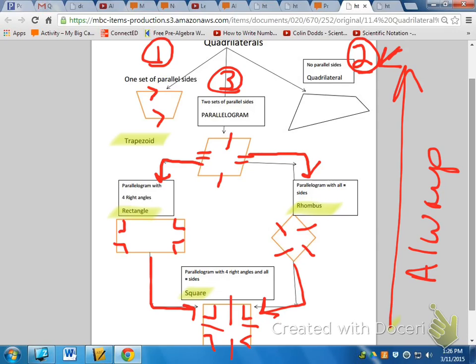If you're at one of the upper ones and you follow down one of the strands, that would be sometimes. So a parallelogram is sometimes a rectangle, just when it has 4 right angles. Or a rectangle is sometimes a square when it has all the sides the same.